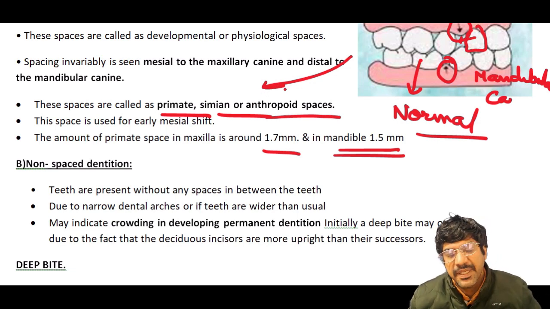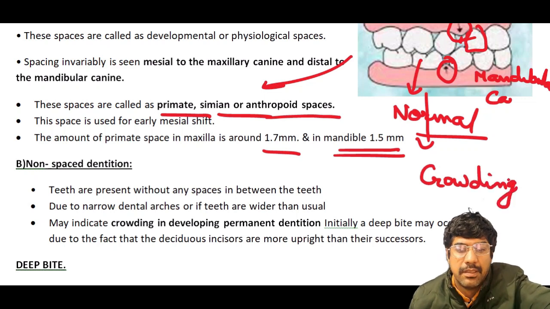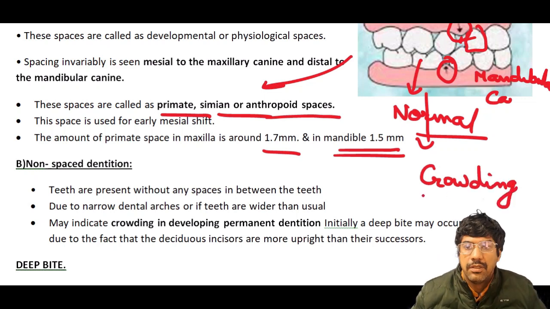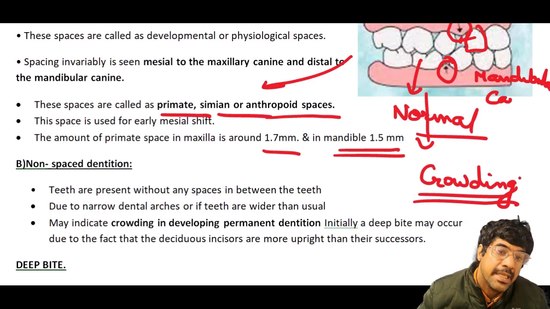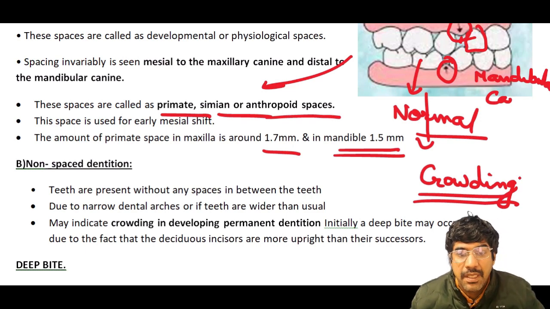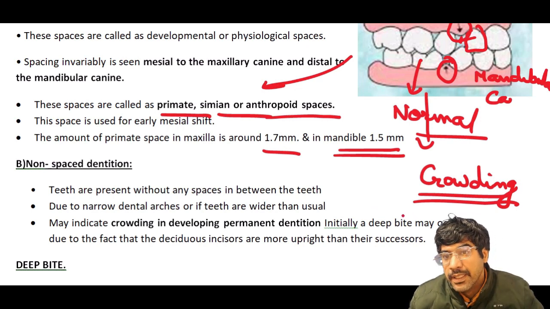The absence of spaces in the primary dentition can be an indicator of potential crowding issues in the developing permanent dentition. When the primary teeth are closely aligned without spaces, there may be higher chances of crowding when the large permanent teeth erupt.